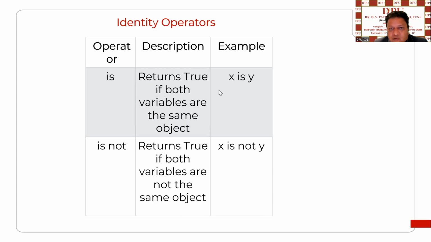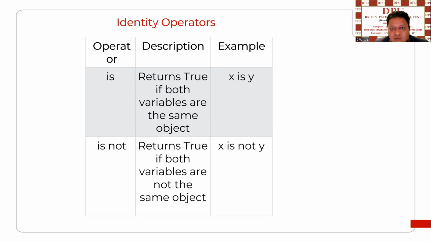So, for example, if x is y gives me a Boolean value of false, it means x is different, y is different. Clear?